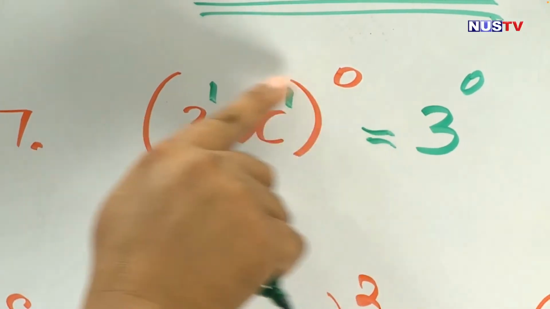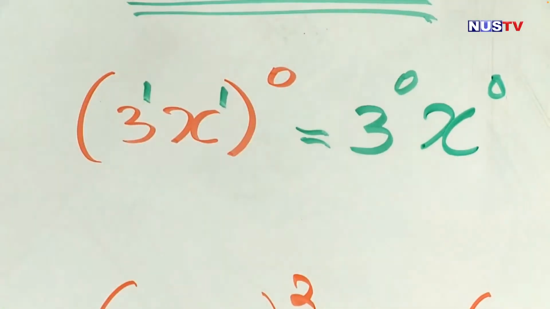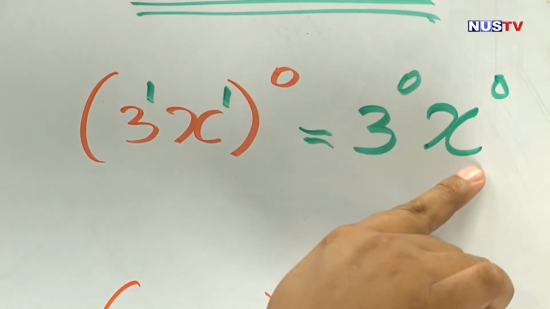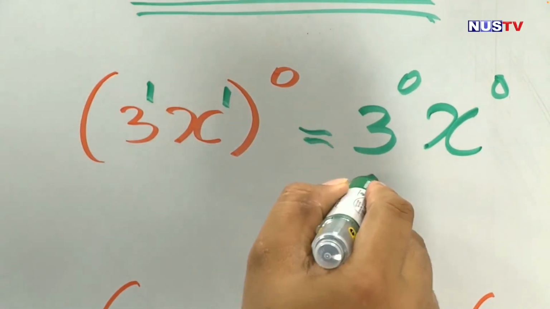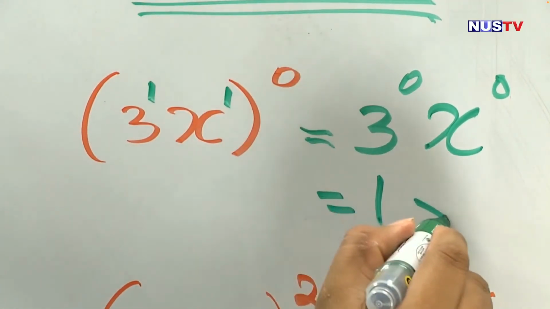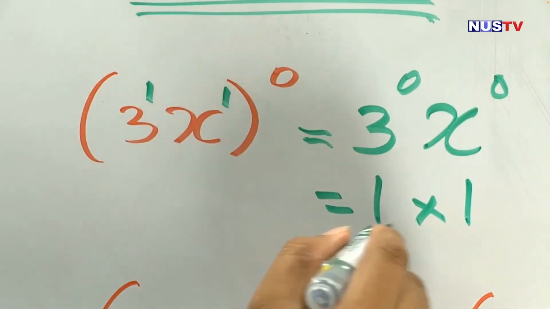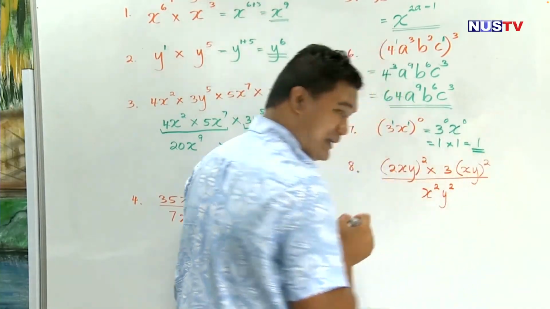We are multiplying 0 inside, and this is x to the power of 0. So 3 to the power of 0 is equal to 1, x to the power of 0 is equal to 1. We multiply 1 by 1, and the final answer will be 1.